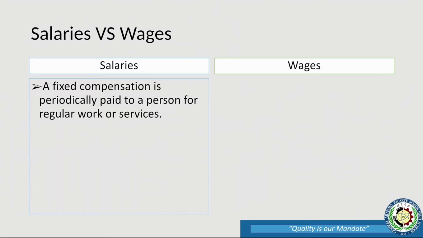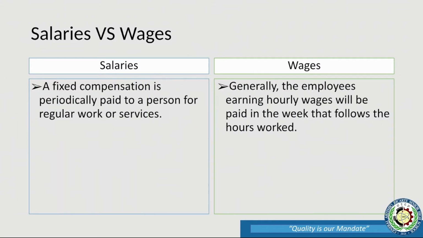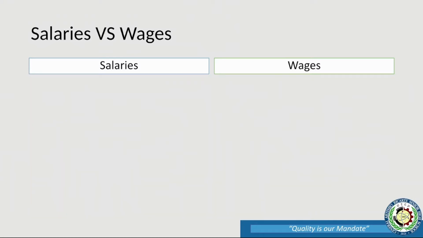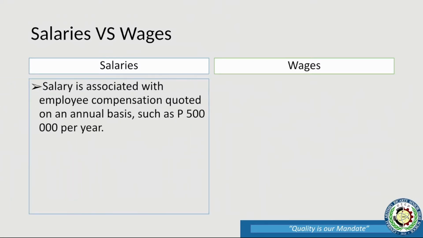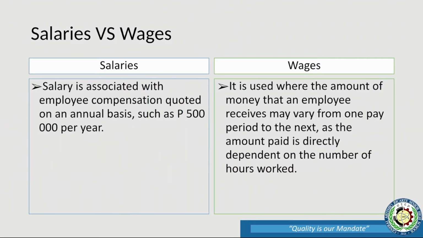When we talk about salary, a fixed compensation is periodically paid to a person for regular work or service. While when we talk about wage, generally the employee earns hourly wages, paid in a week that follows the hours worked. Salaries are associated with employee compensation quoted on an annual basis, such as 500,000 per year or per annum.